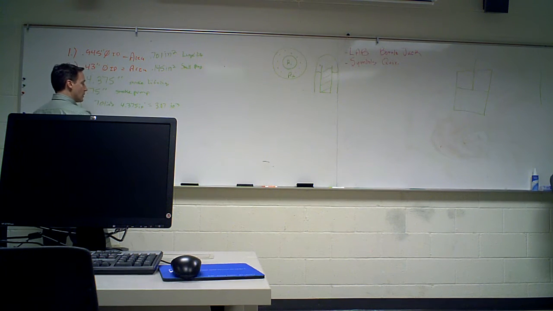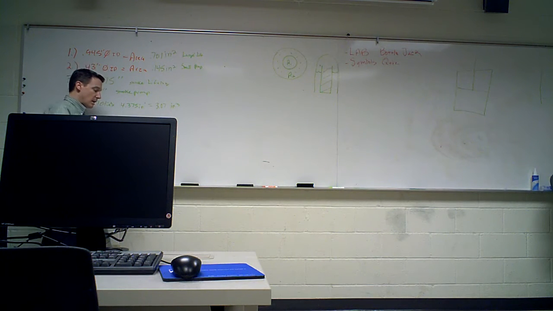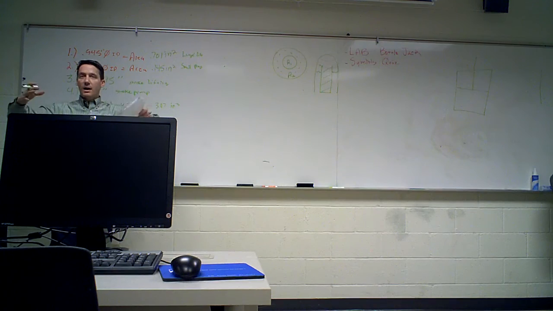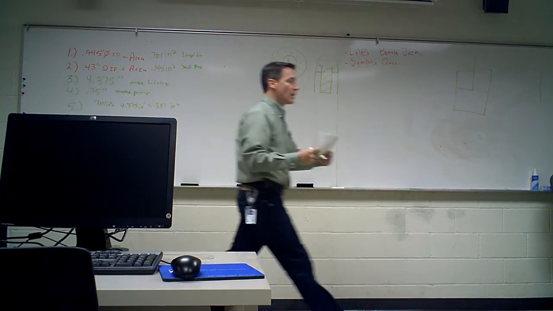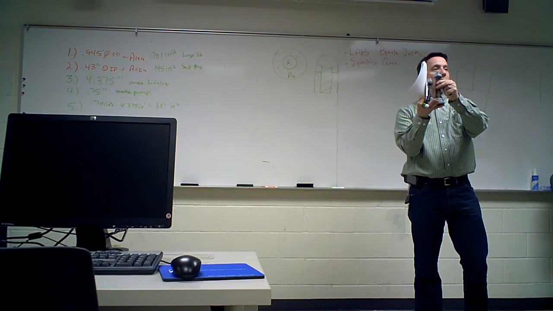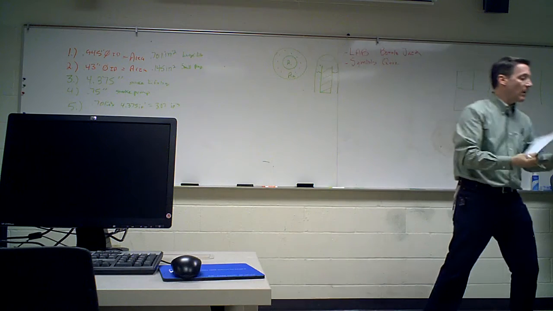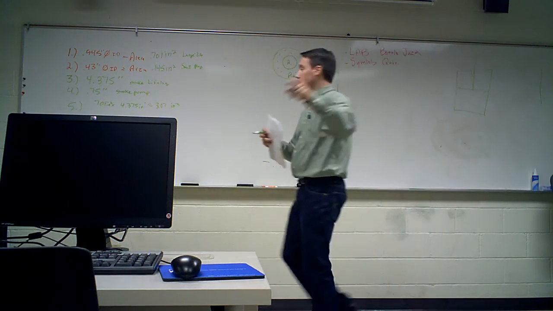Then we take this minus the cylinder OD, whose dimension was 1.125. We take the area of that 1.125, the outside dimension of this cylinder right here, the area this displaces, and we get 0.99.